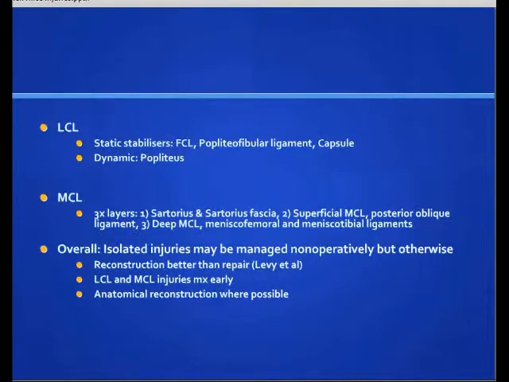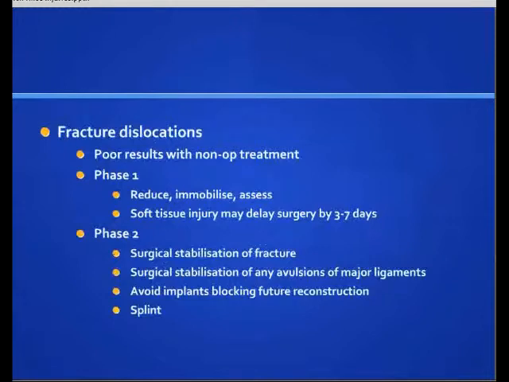And there's been a series of going through the reconstruction in 4 stages, starting with managing the soft tissues and reducing the fracture. Phase 2, over the fracture or any avulsions, and splinting the knee at that.